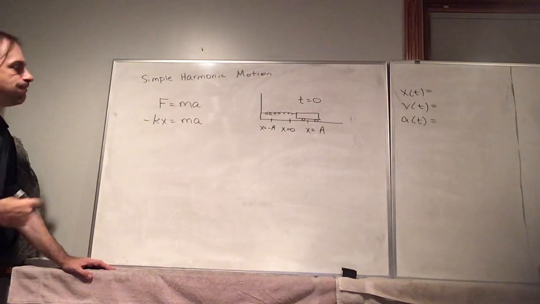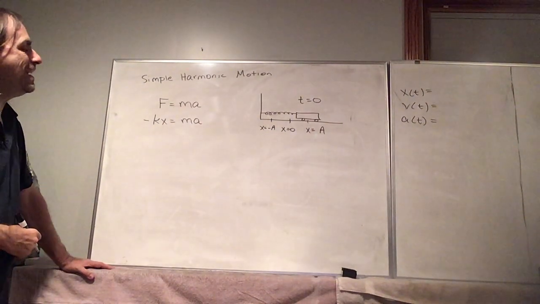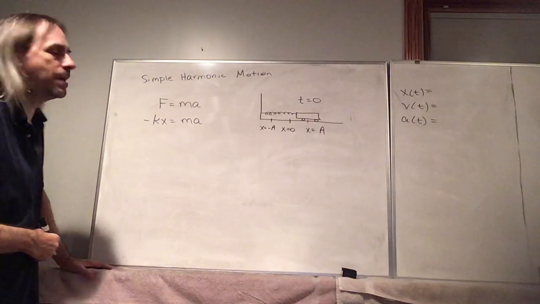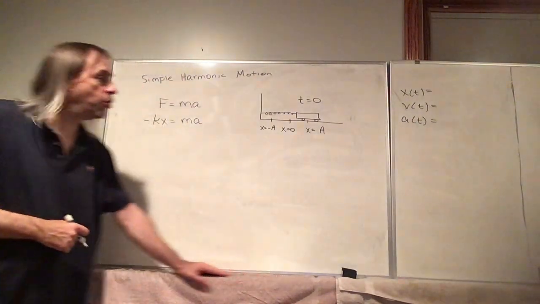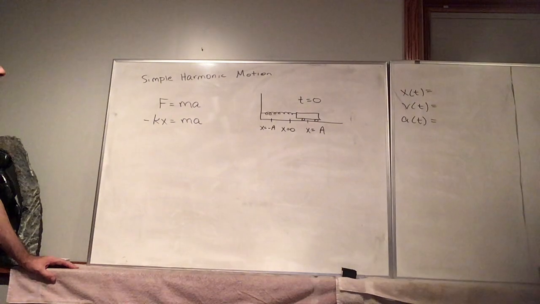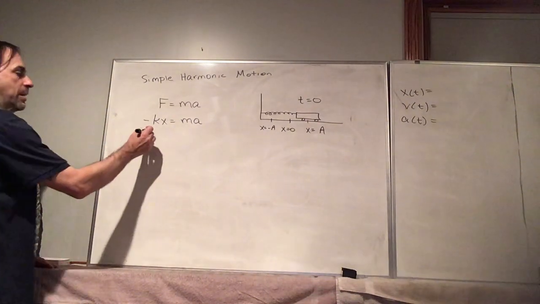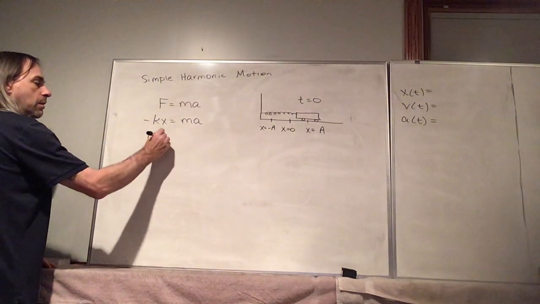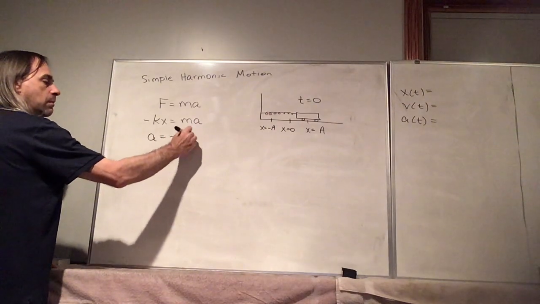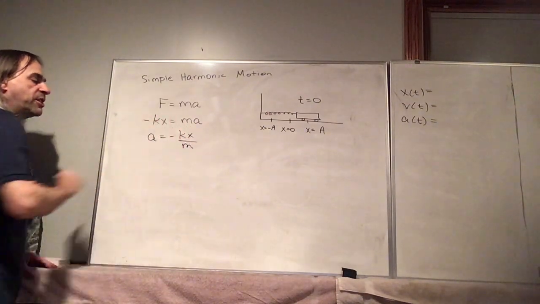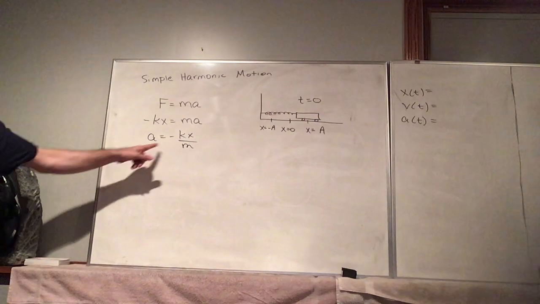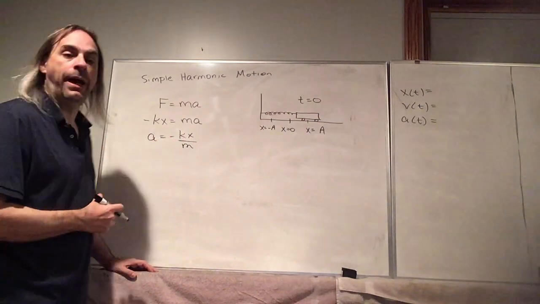Now, we cannot use the kinematics from chapter 2 for this problem. Very easy to see why. If we solve for the acceleration, we can see that it depends on x.